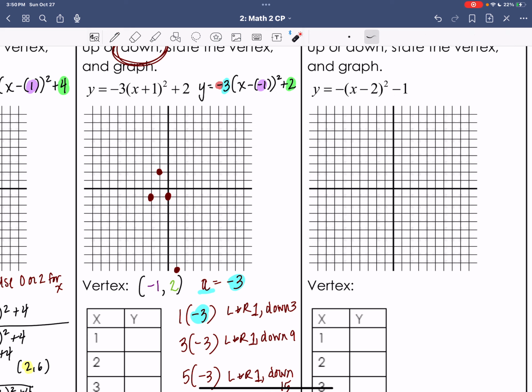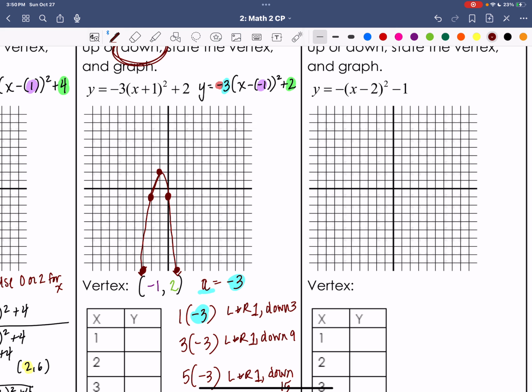So I'm going to go over 1 and then go down 9. And that's where my other point's going to go. And then now you can just go ahead and connect your points. And it is curved, even though it might not look curved. And that's what it should look like.